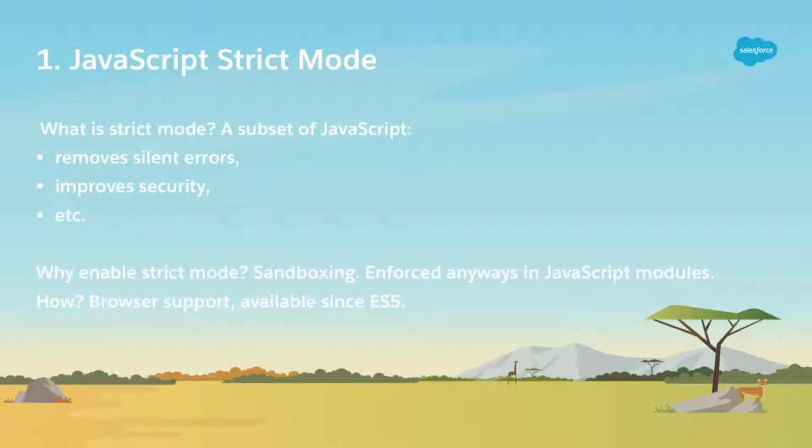The first one, and that will impact you, is that running with Locker Service means that some errors that were silent will not be anymore. So your code might break if you turn on strict mode. And the other thing is we need strict mode to maintain the confinement of Locker Service. And we'll see what it means.